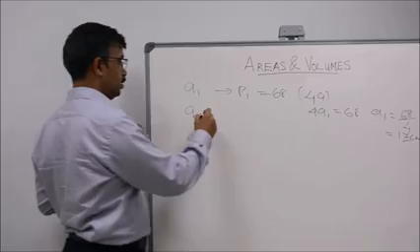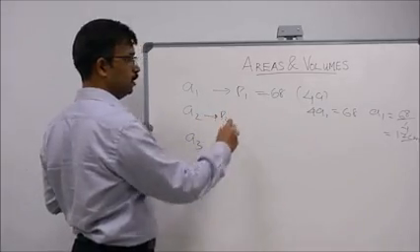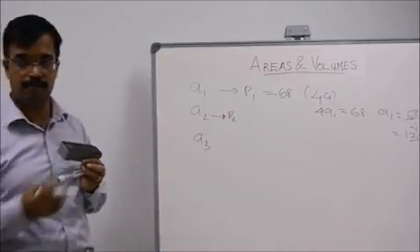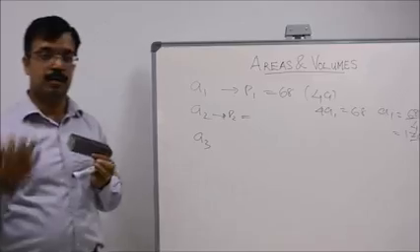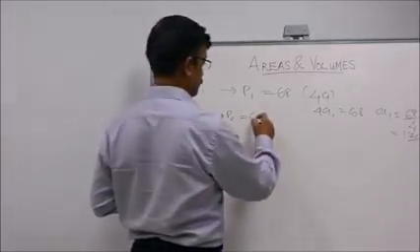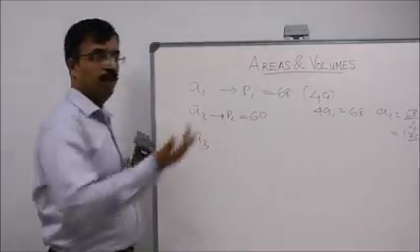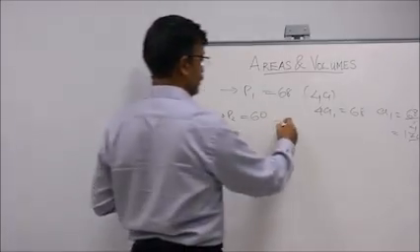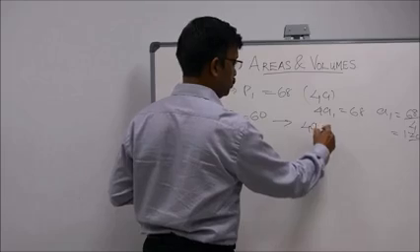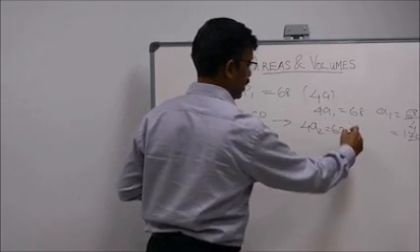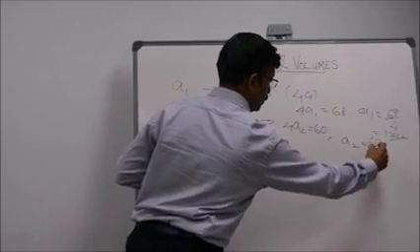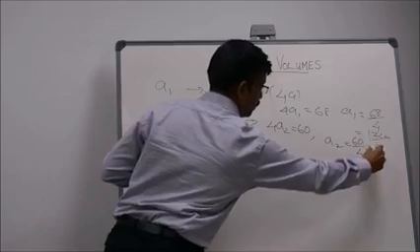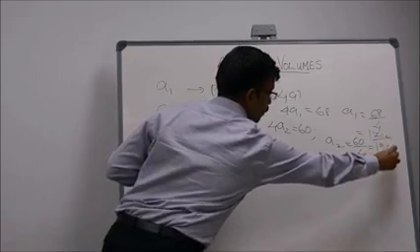Now let's go to a2, where the perimeter of square 2 is given to be 60 centimeters. That means 4a is equal to 60. In this case, it becomes 4a2 is equal to 60, and thus a2 is equal to 60 by 4, which is 15 centimeters.